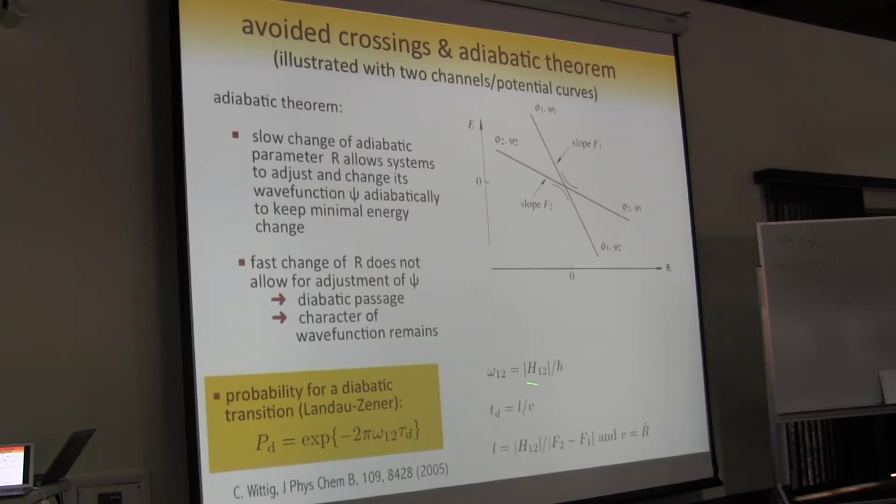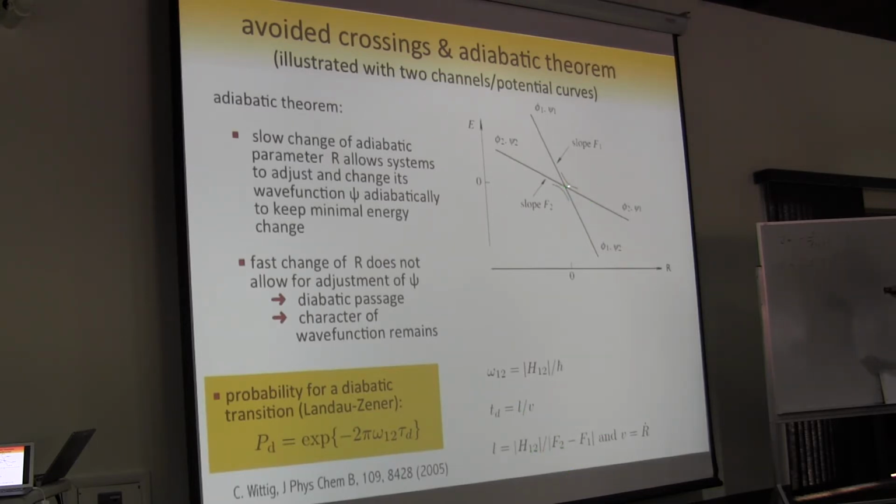What it actually is, you can think of as the characteristic length of the passage divided by the velocity with which you pass the avoided crossing. And the length you can define again by the energy of the gap.